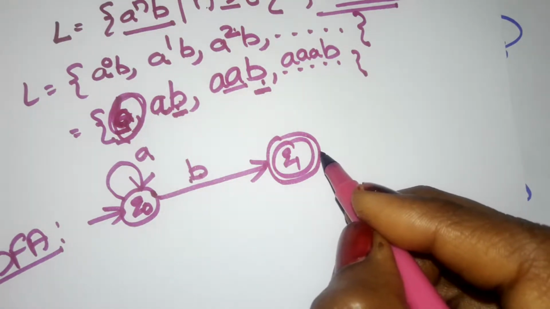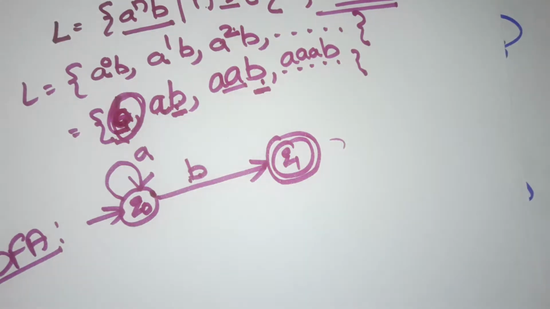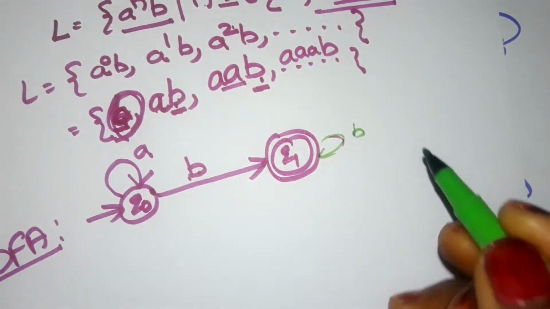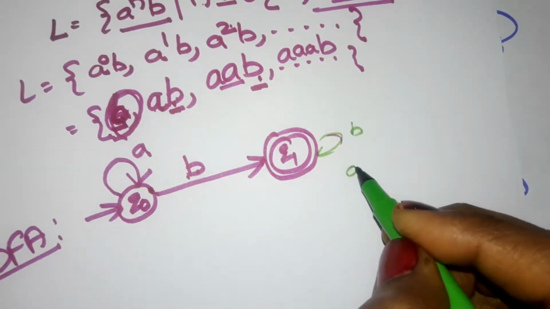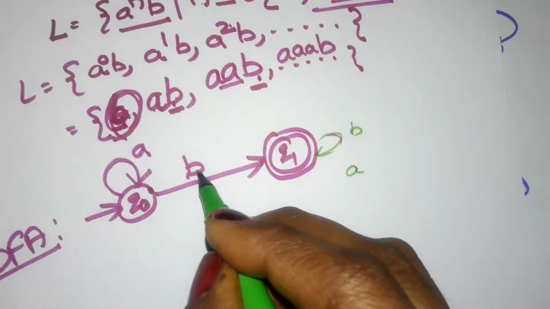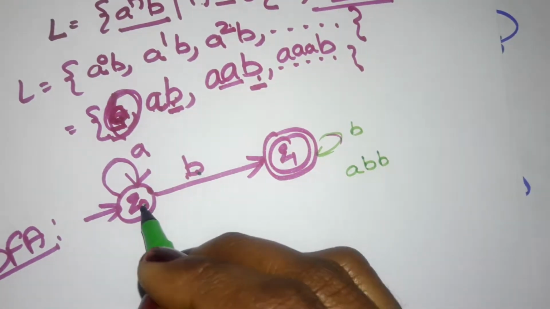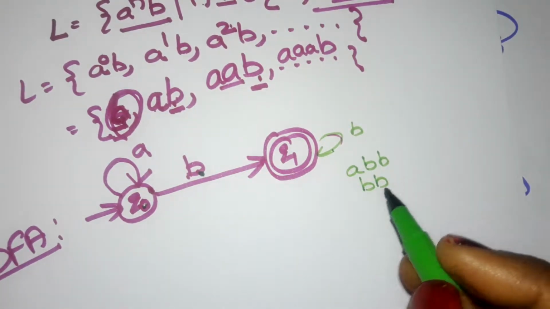For example, if I write b as a self loop here, what will happen? Then a b b is also accepted, or if the input is b b, that is also accepted.